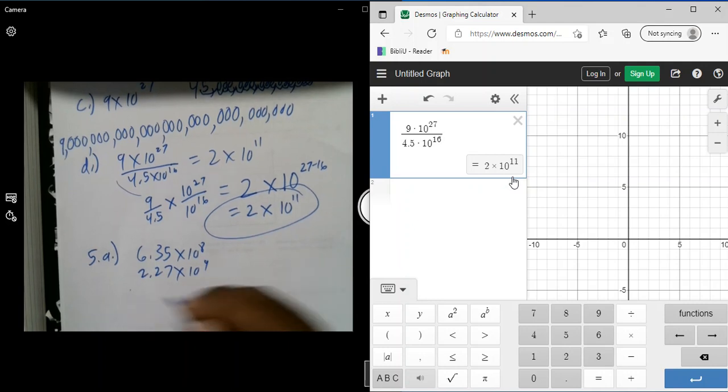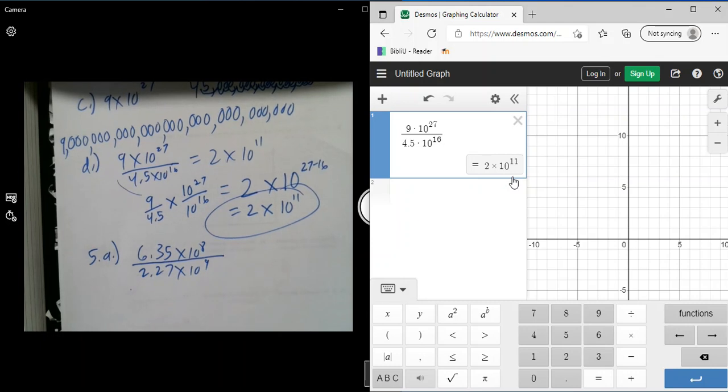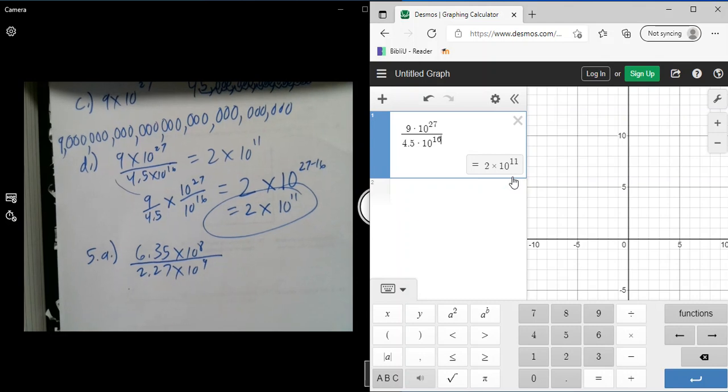So A, it says use scientific notation to write the ratio of the federal acreage to the total acreage. So basically, we would take these two values and divide them by each other. So again, well, actually that's all they wanted. This is all they wanted for that problem.